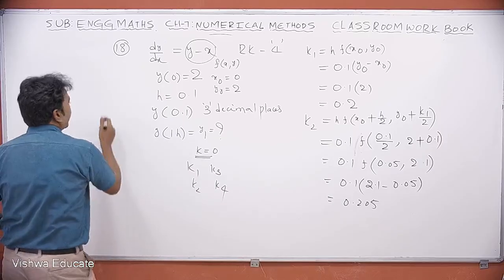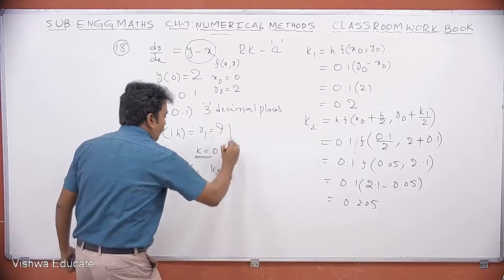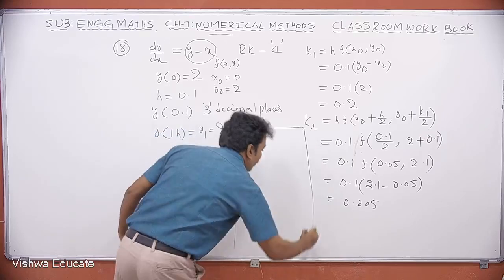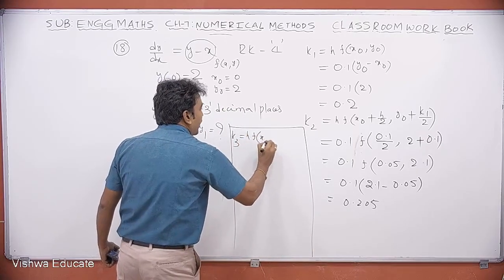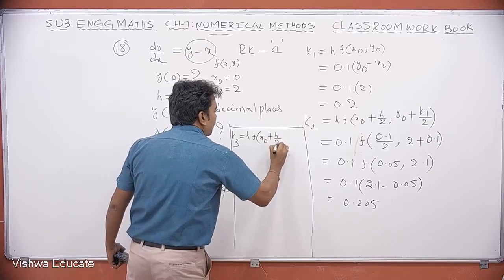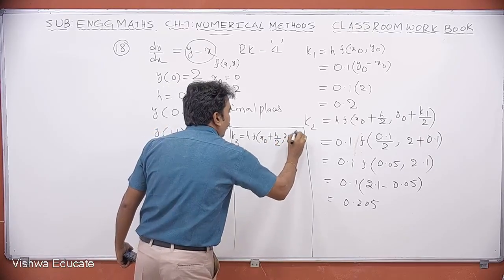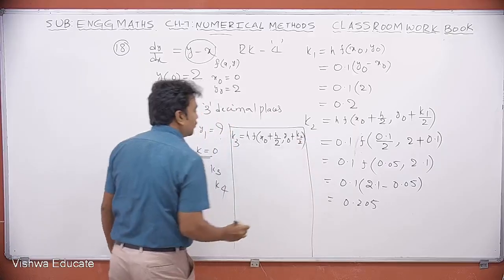Next, we find K3 value. K3 equal to h into f of x0 plus h by 2 comma y0 plus k2 by 2.